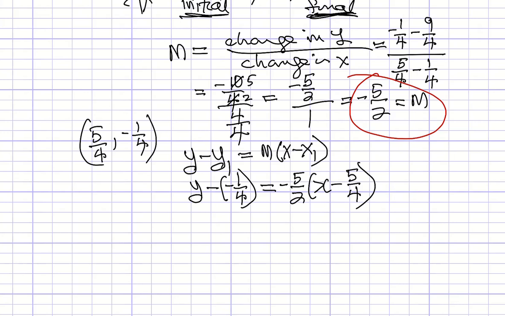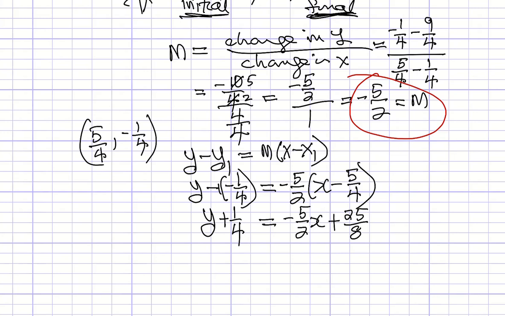Notice that on the left it's minus 1 times minus 4, so that will give you y plus 1 over 4. There's no trick I played there. And on the right-hand side, you have to get rid of the bracket. You get minus 5 over 2 x, plus 25 over 8.